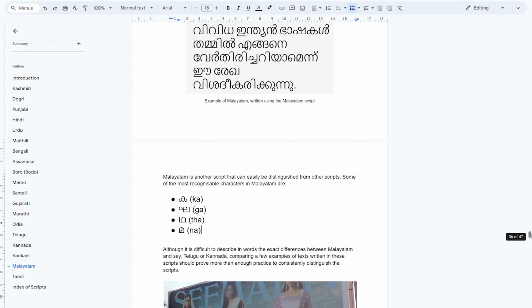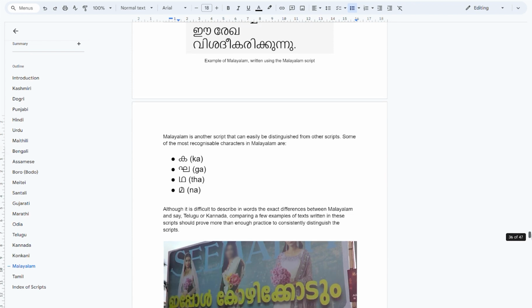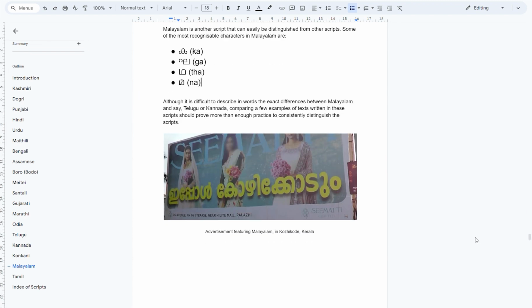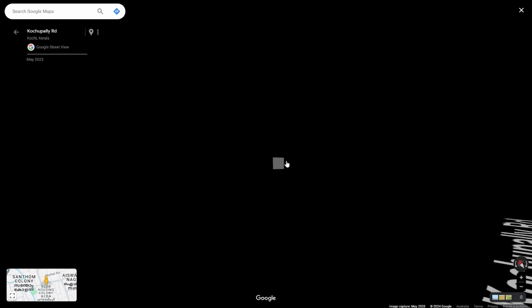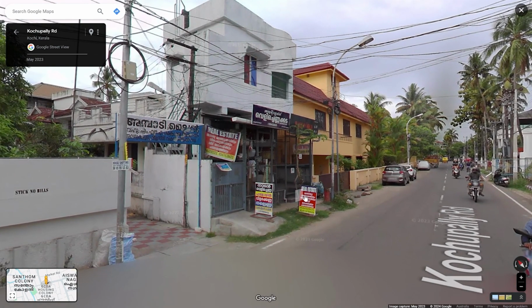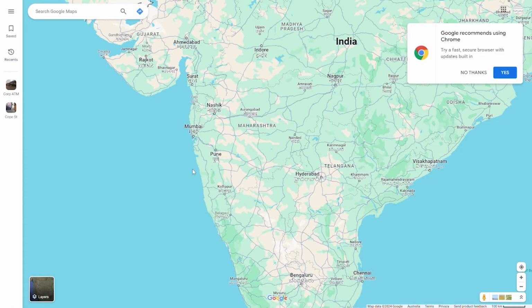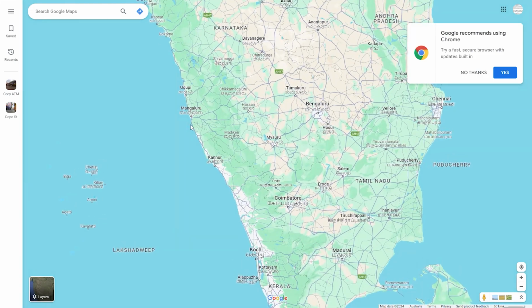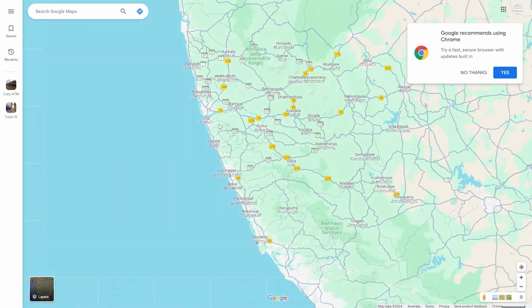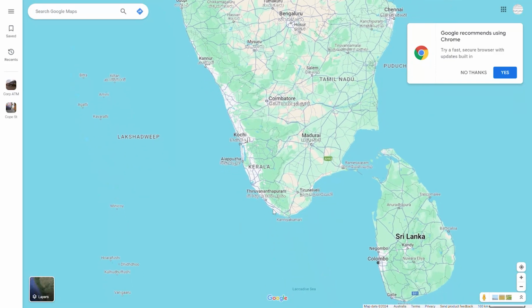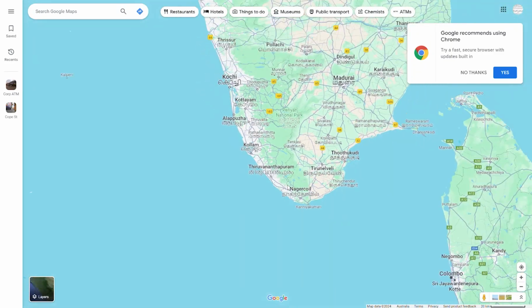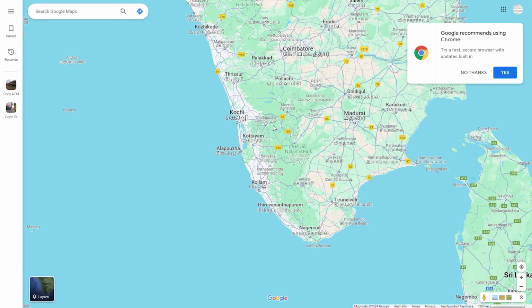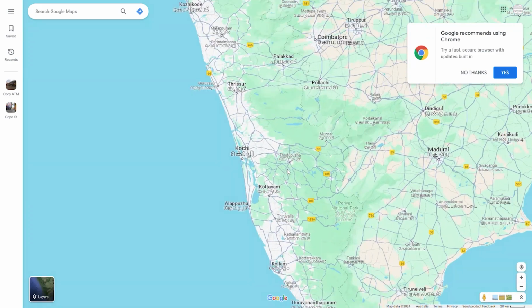It's difficult to describe the exact differences, but if you spend enough time looking at examples, you should be able to tell the difference. Here's an example, an advertisement that's written in Malayalam, and if we go to Street View, this is in Kerala, which by the way is this southern state that stretches from about Mangaluru down to pretty much close to the bottom of India along the southwest coast.